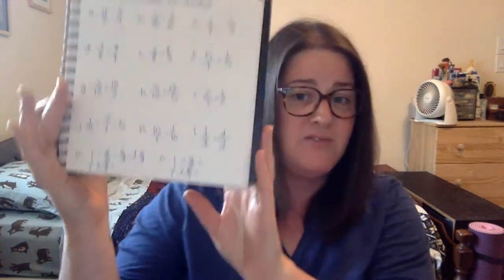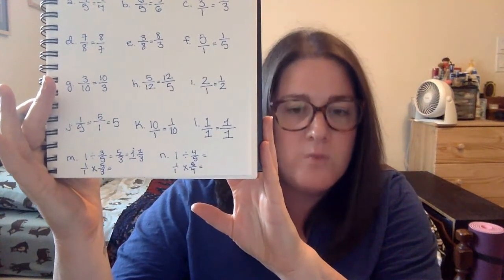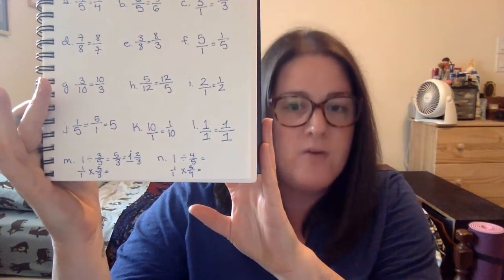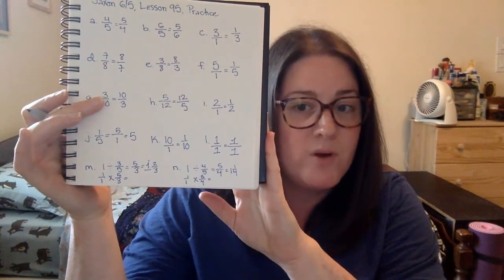That's how we divide fractions, is using the reciprocal. 1/1 times 5/4 gives us 5/4. We can leave it as the reciprocal in order to demonstrate the reciprocal, or we can put it into a proper mixed number, which would give us 1 1/4.